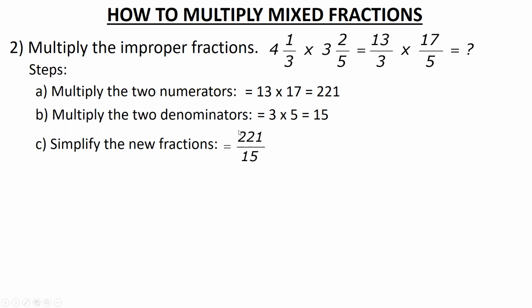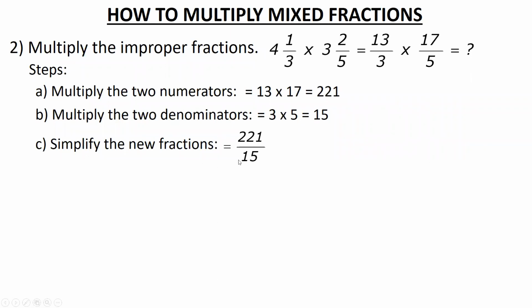Since this cannot be simplified, this will be the final value, or the product of the two mixed fractions. But if you can factor out common terms, like what's the factor of 15? 3 and 5, right? But since 221 has no factor in common with 15, we cannot simplify further.